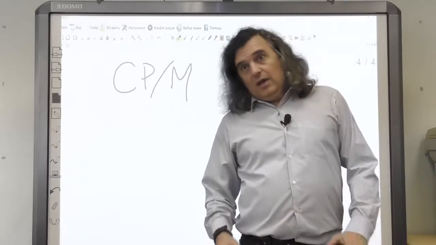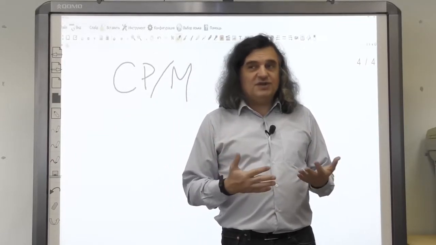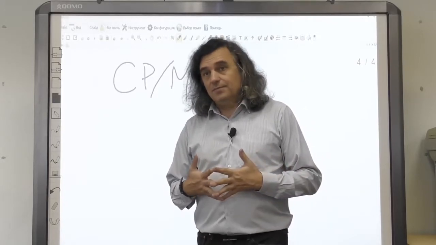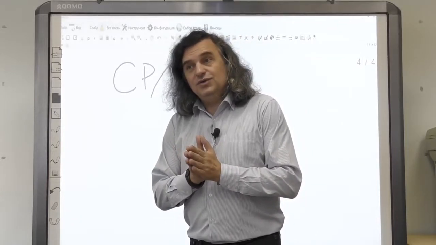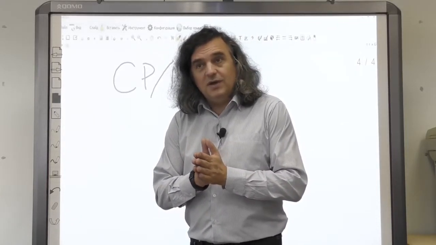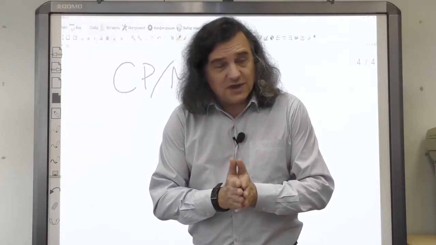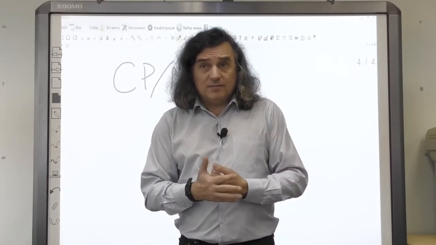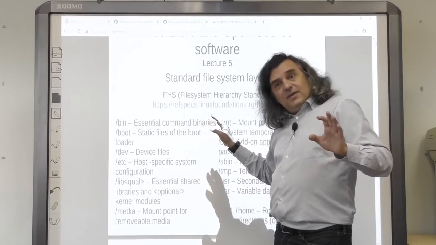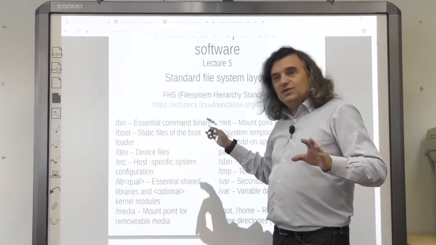But actually, in Unix-like systems, we have a very clear and stable standard for file system hierarchy, which is reflected, for example, by the corresponding Linux specification, the Filesystem Hierarchy Standard. In fact, we have three main levels with repeating directory structure.